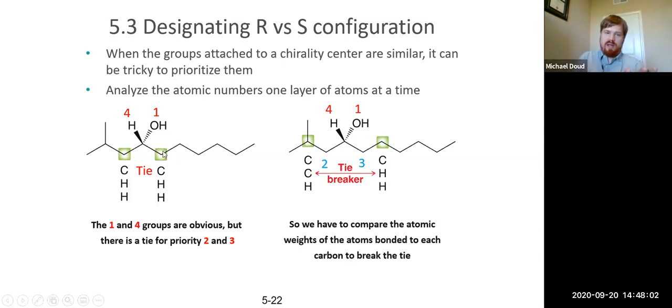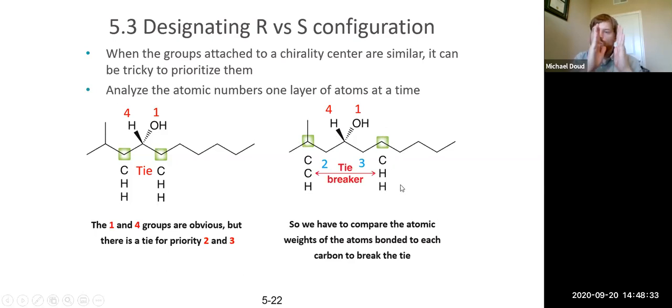So we can't evaluate which one's 2 or 3 until we break that tie. So now we go to the next carbon over. This carbon is bonded to 2 other carbons, so CH is what it looks like. And this carbon's only bonded to 1 other carbon, CHH. So this carbon, because it's bonded to more carbons at this step, is the tiebreaker. So this chain over here gets the 2nd priority, and this one gets the 3rd priority over here.